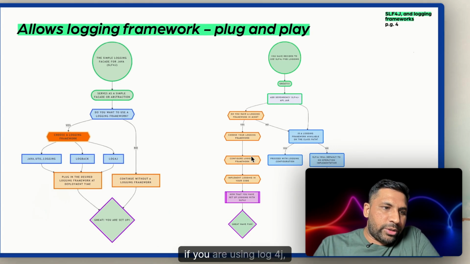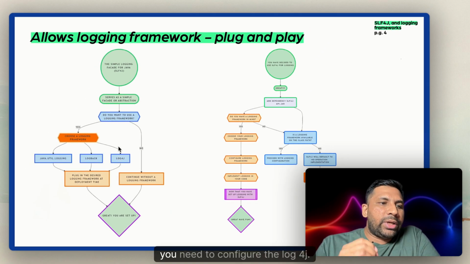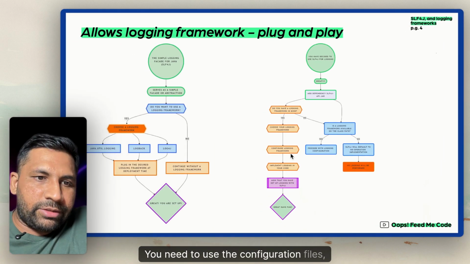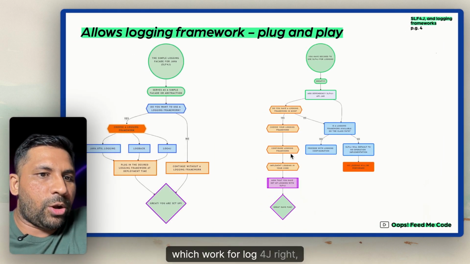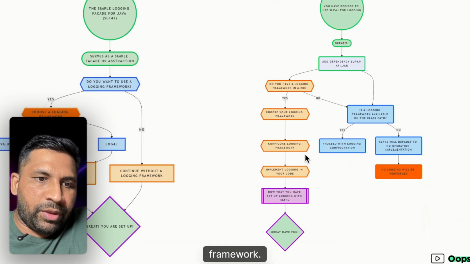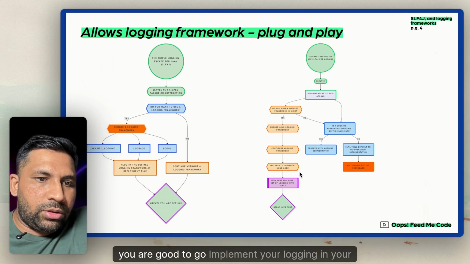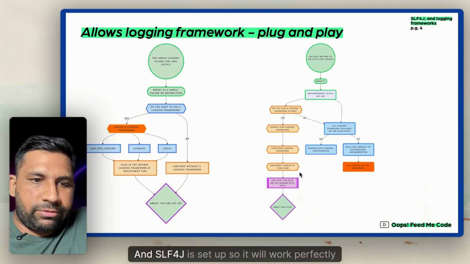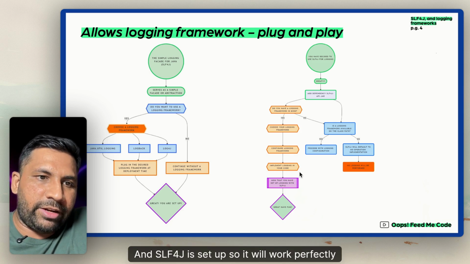For example, if you are using Log4j, you need to use the configuration files which work for Log4j. That's what it means to configure the framework. And yes, you are good to go. Implement your logging in your code, and SLF4J is set up, so it will work perfectly fine.